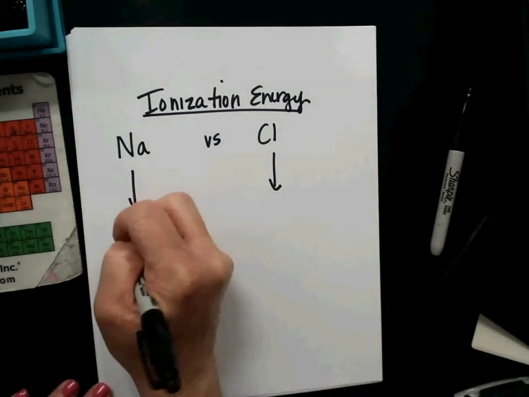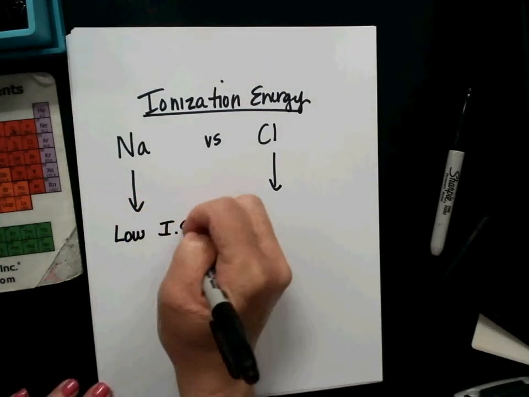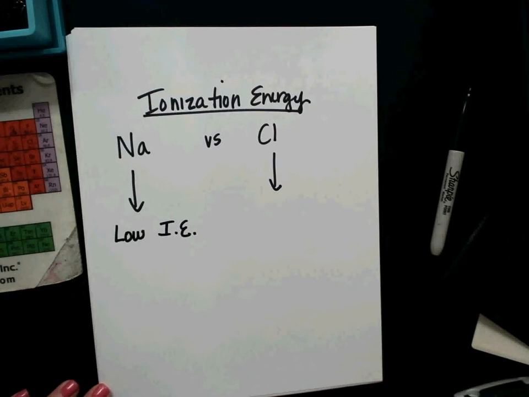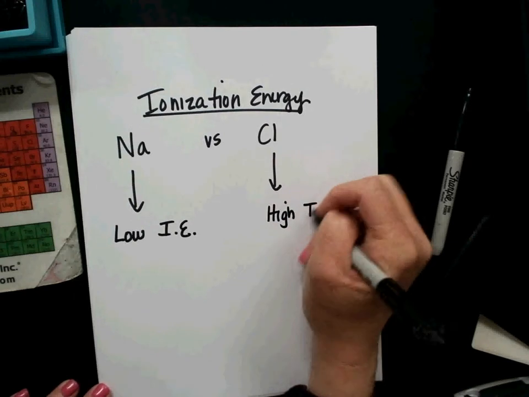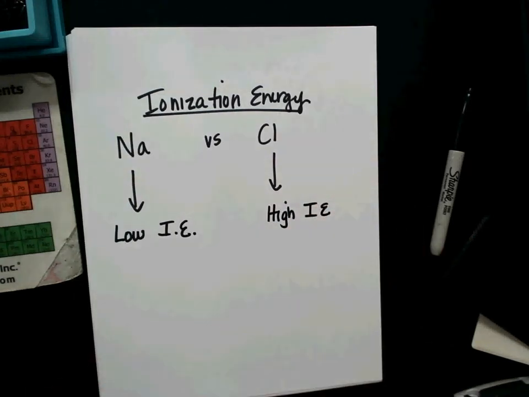What, Chloe? Yeah, good. So this has a low IE. What's chlorine have, Marissa? Good. So this one has a high IE.